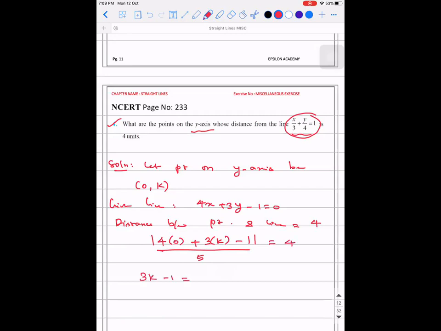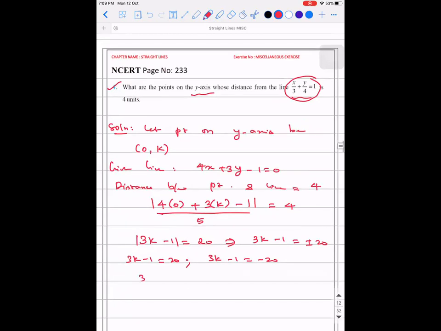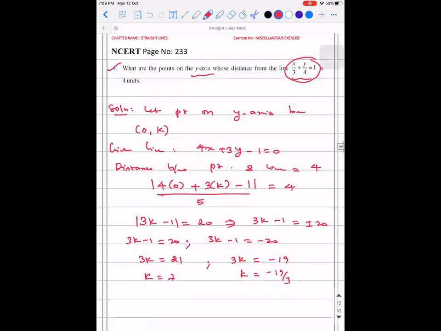So 3k minus 1 within a modulus is 20, which implies 3k minus 1 is plus or minus 20. So 3k is 21, k will be 7, and 3k will be minus 19 and k will be minus 19 by 3. So the required points would be 0, 7 or 0, minus 19 by 3.